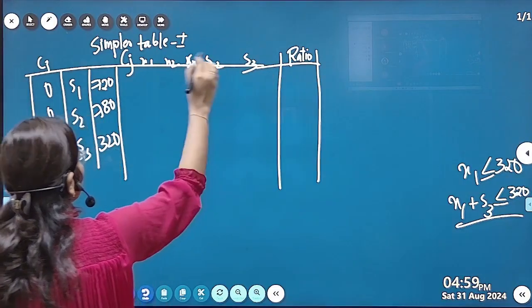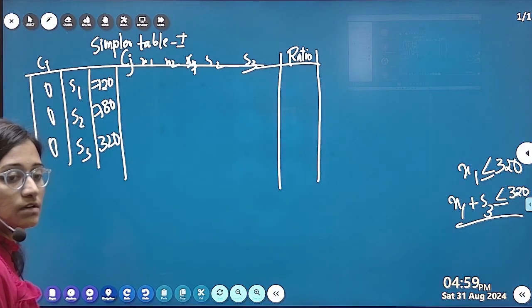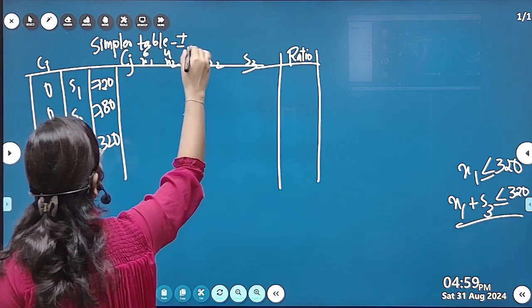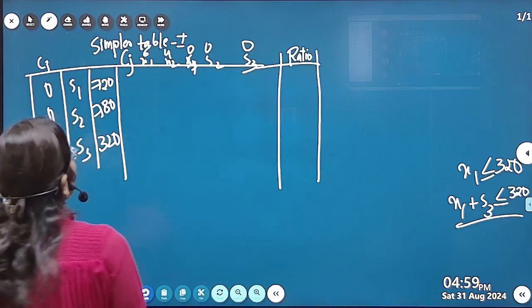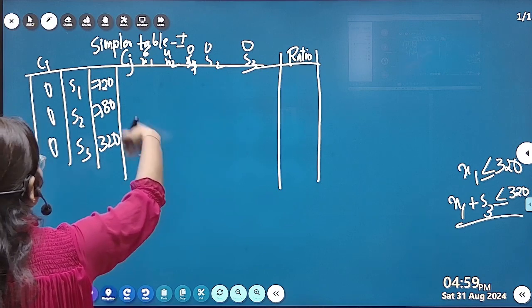Tell me the values of Cj in the maximization function: 6, 4, 0, 0, 0.